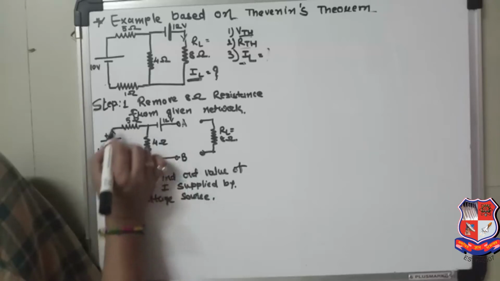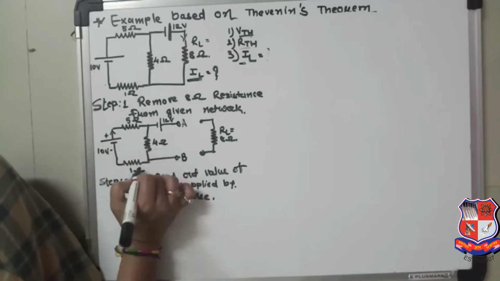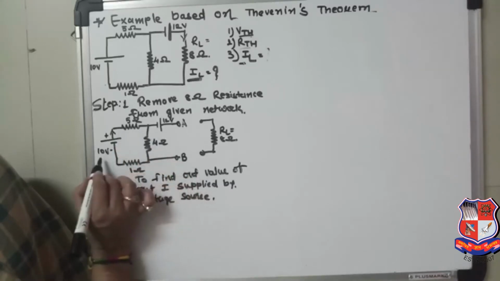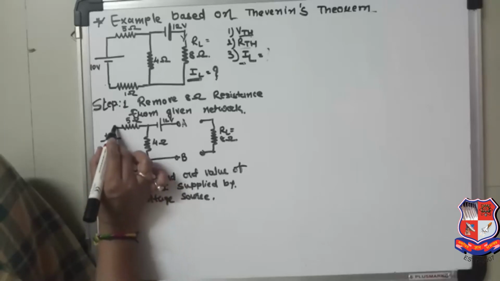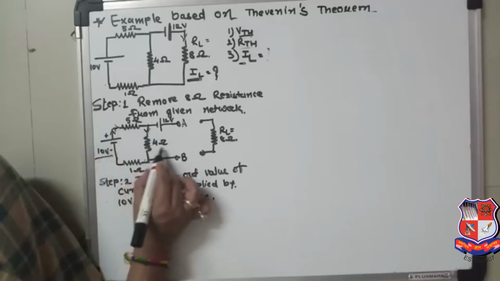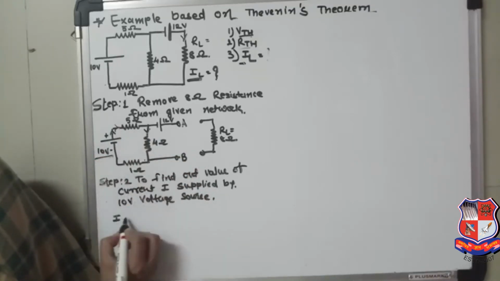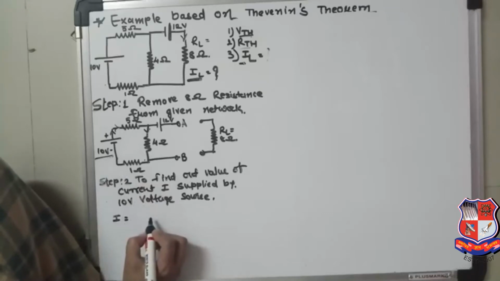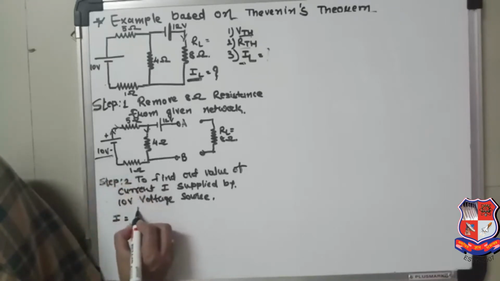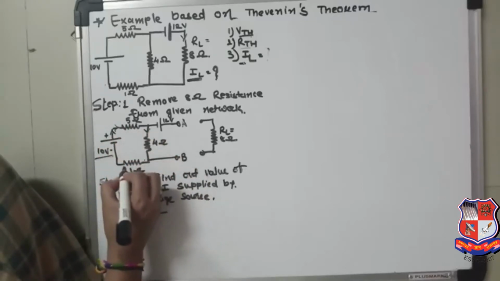Now see, in this loop the 5 ohm resistance, 4 ohm resistance and 1 ohm resistance, all three resistances are in series, and here is a voltage source, the 10 volt. So you can easily find the value of the current passing through the 4 ohm resistance, or supplied by the 10 volt source. I is equal to, according to Ohm's law, V by R. Here V is the 10 volt, and all three resistances are in series.